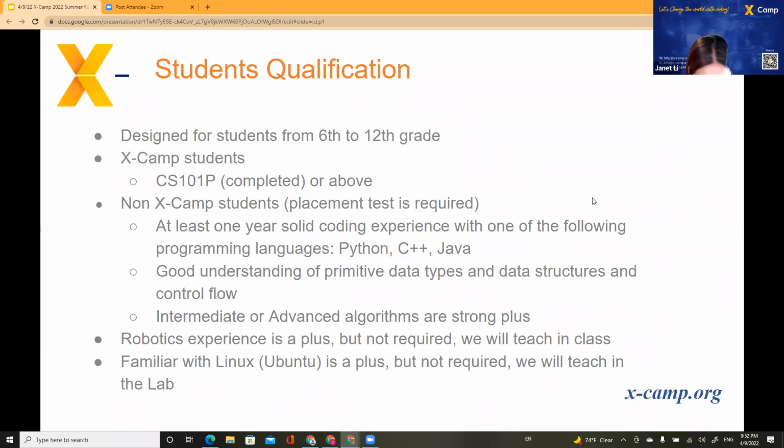The next question from Haiti Meng is, who will be giving the presentation in each class session? For the lecture, I will give the lecture every week on Tuesday, and for the lab, the TA and I will both be in the lab session. We will break the students into different groups, depending on how many students attend.